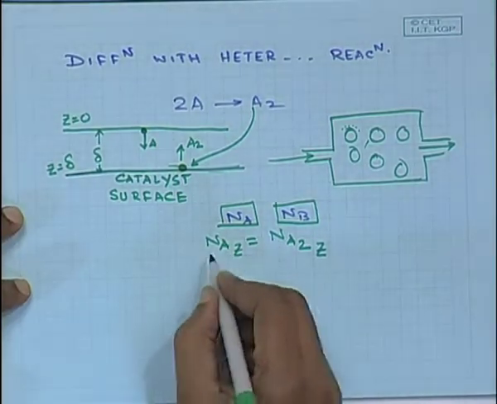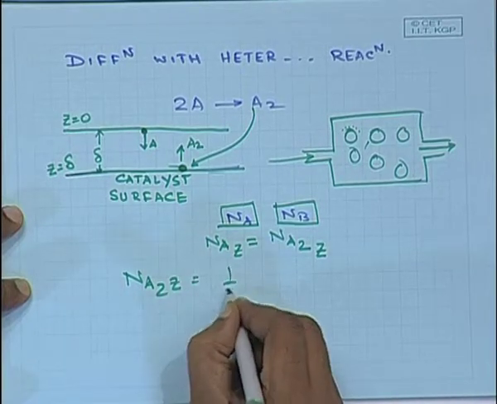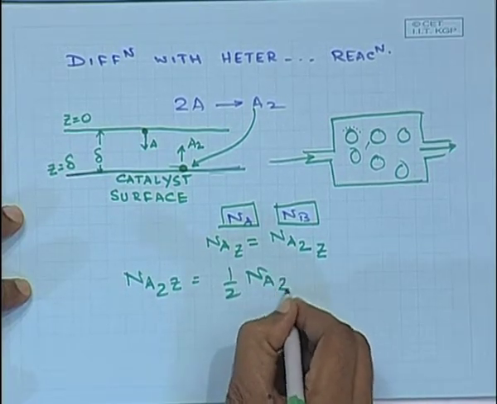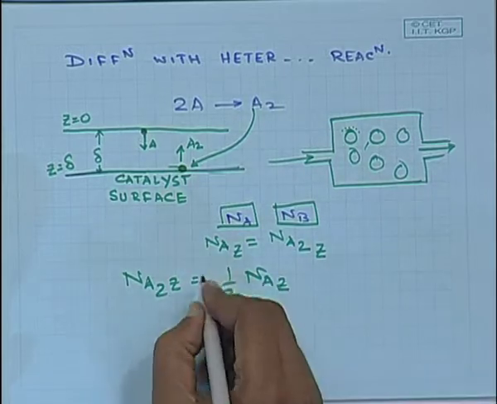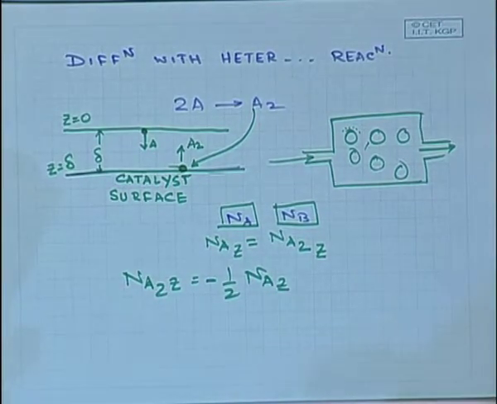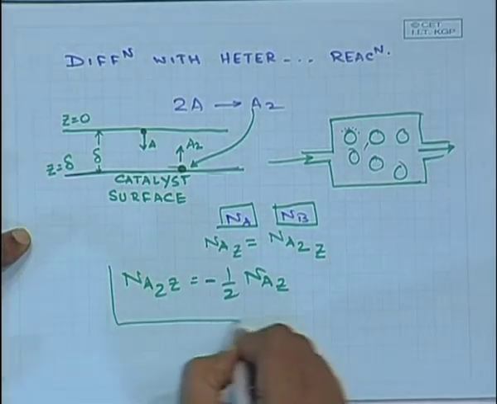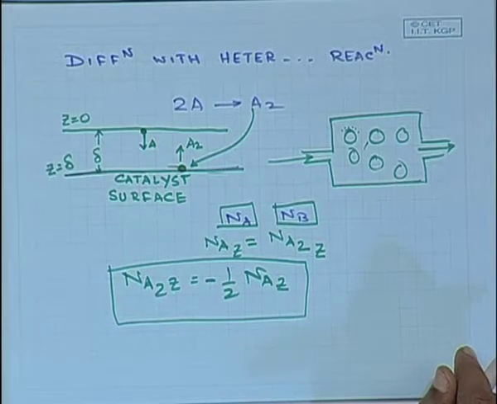So, NA2z is going to be equal to half of NAz. Is it right, or is there anything with a minus sign, because the directions of these two are opposite to each other. So, this is the relation between A and A2 which we will have to consider.